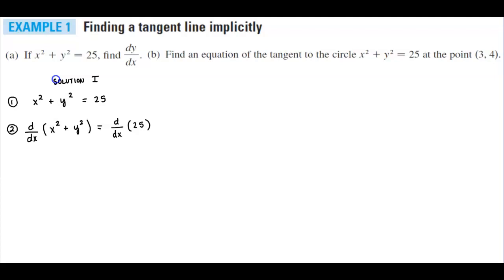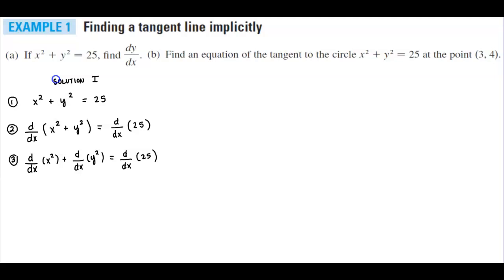So what that means is we're taking the derivative with respect to x of x squared plus the derivative with respect to x of y squared, which is equal to the derivative with respect to x of 25.